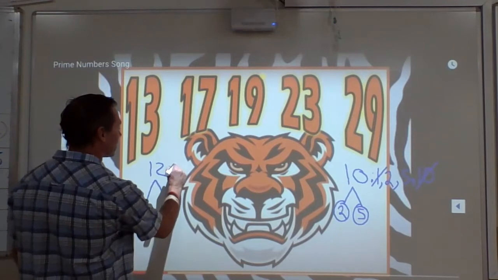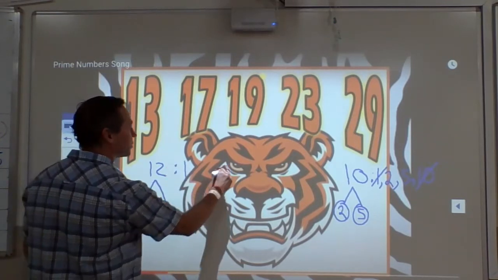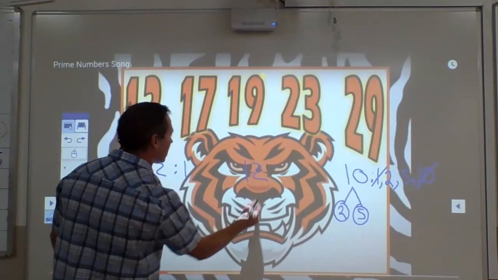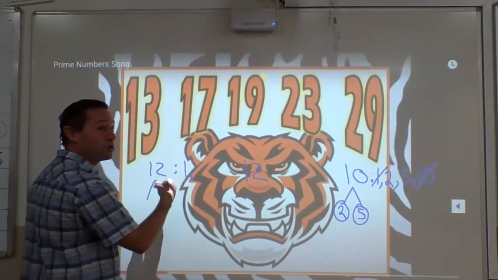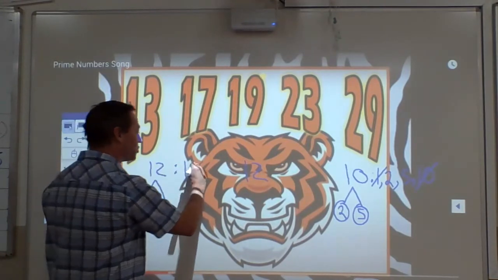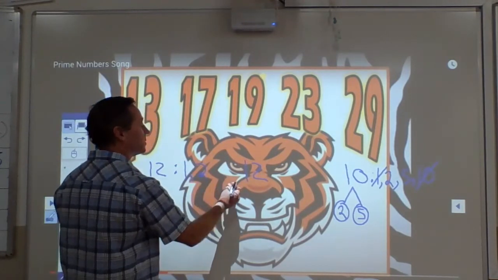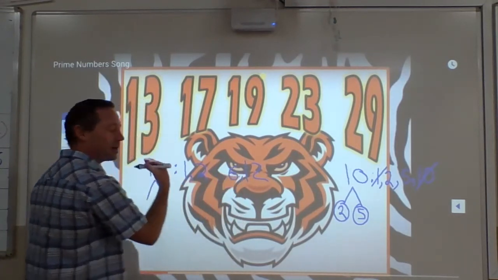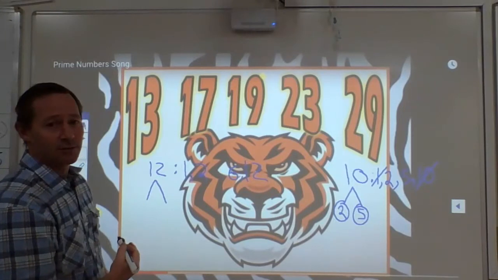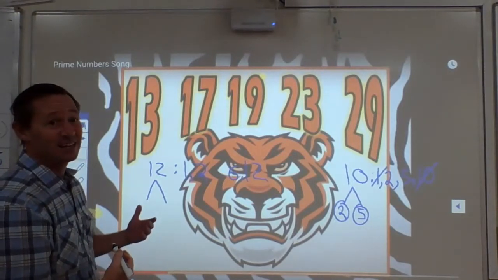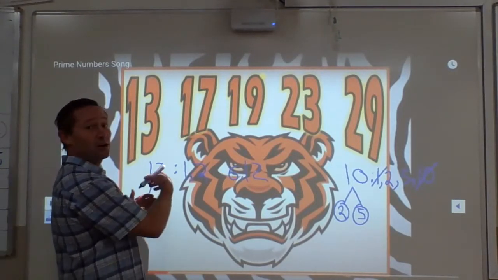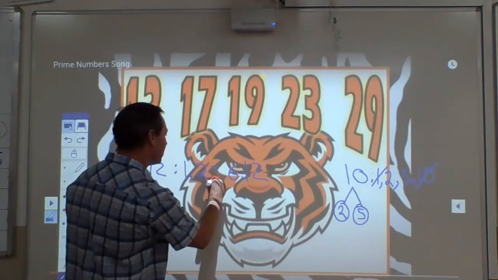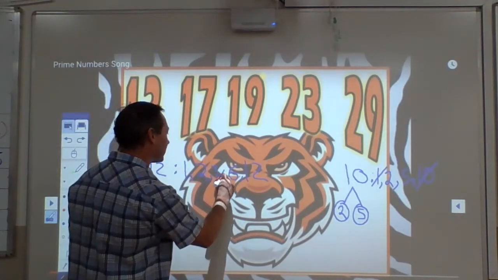So the factors I'll think of, okay, 1 and 12, absolutely. 2 fits into it evenly. 2 times what? 2 times 6. And I'm putting this in order. Other factors fit into it. Can you think of them? 3. Yeah, 3 fits into it because 3 times 4. So 3 is a factor and 4 is a factor.